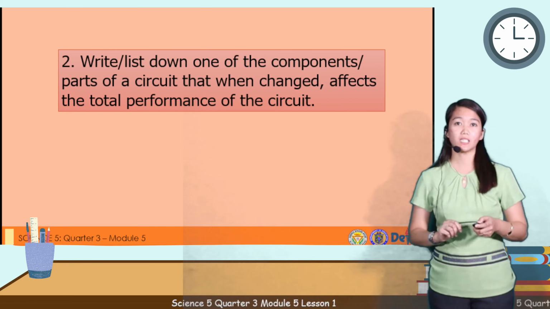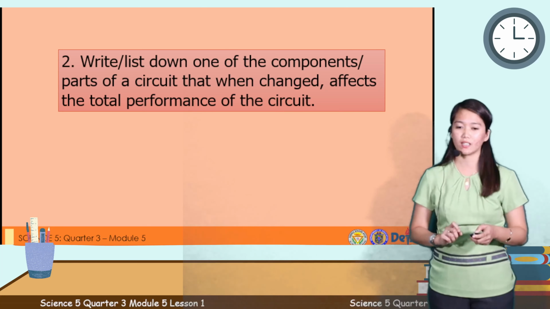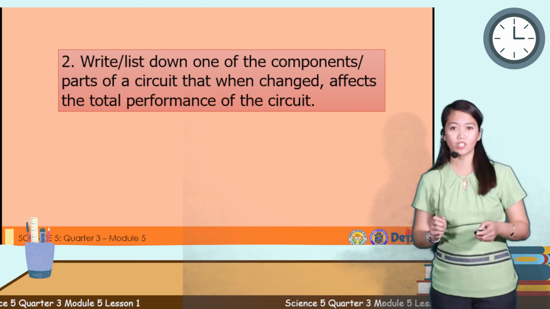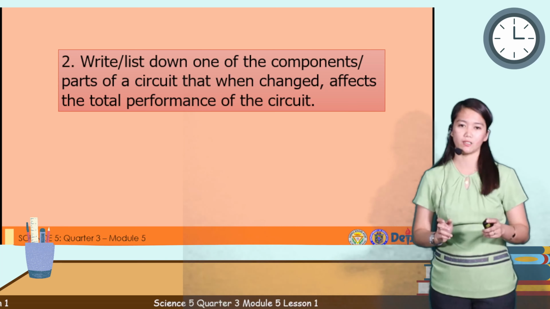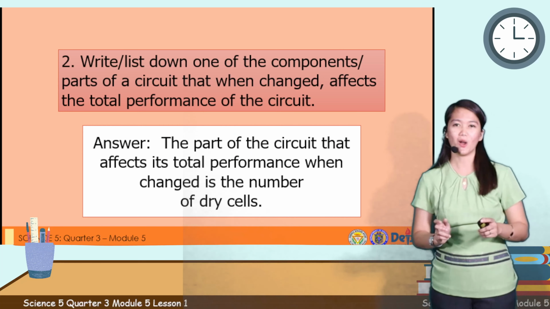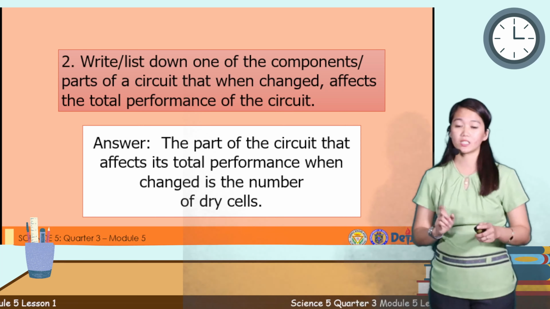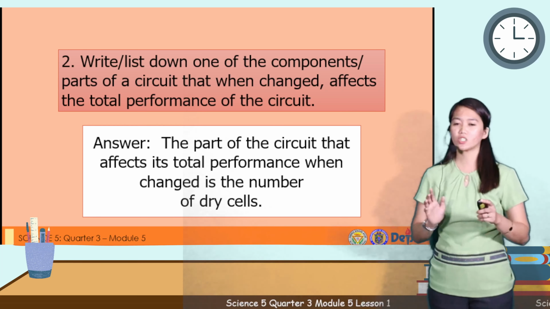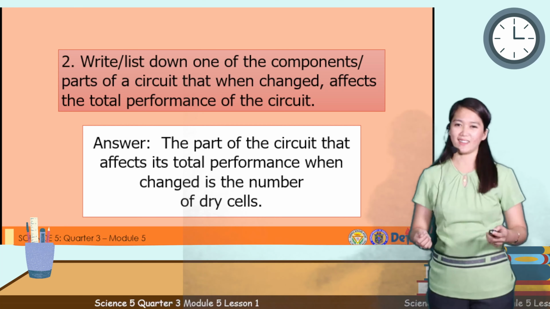Okay, second, write or list down one of the components or parts of a circuit that when changed affects the total performance of the circuit. Now, let us check your answer. The part of the circuit that affects its total performance when changed is the number of dry cells.